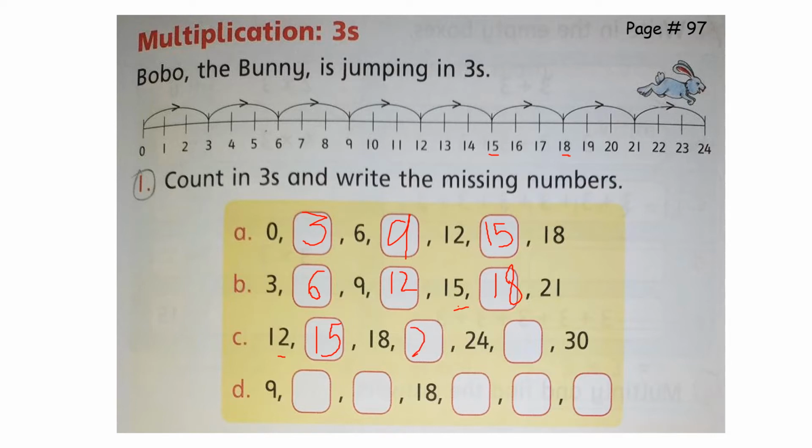After 18, we get 21. After 24, when you add 3 in 24, you get 27. When you add 3 in 9, we get 12, 15, 21, 24, 27. So this is how you have to do this question. You have to count in threes by using this number line.